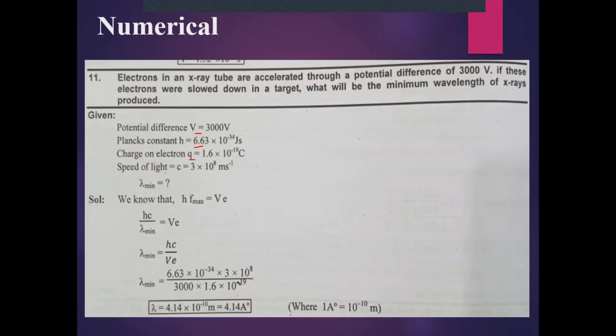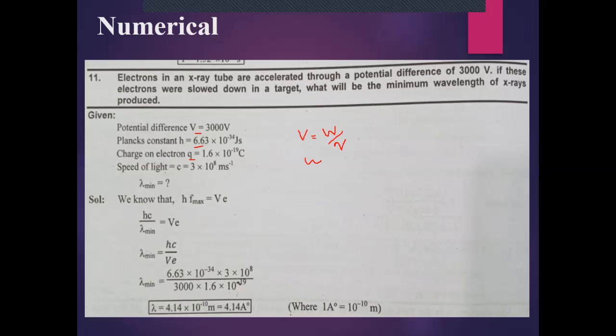As we know, whenever an electron is accelerated through some potential V, according to the definition of electric potential, as you have studied in the first chapter, V is equal to W over Q. Work done on a unit positive charge is called electric potential.